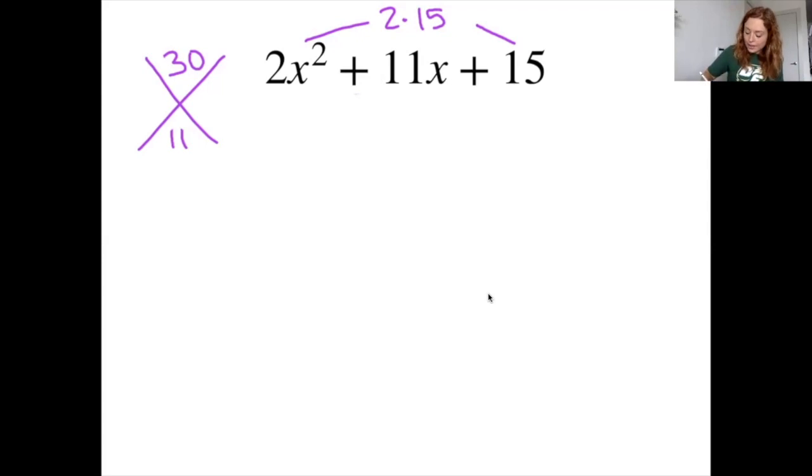And I know I'm adding because it's a positive 30.